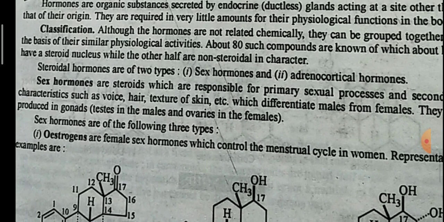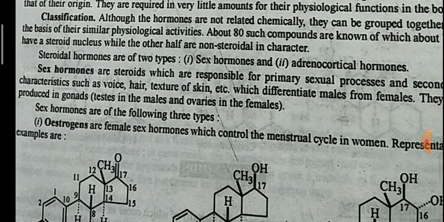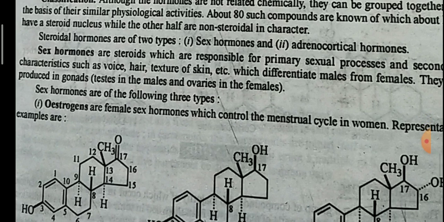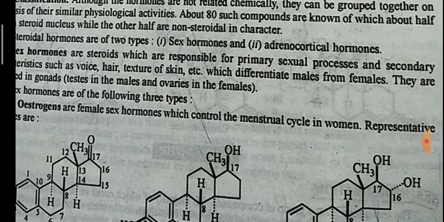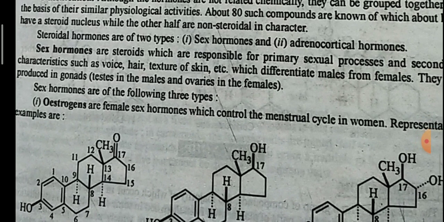Steroidal hormones are of two types: sex hormones and adrenocortical hormones. Sex hormones are steroids which are responsible for primary sexual processes and secondary characteristics such as voice, hair, texture of skin, etc., which differentiate males from females. They are produced in gonads, testes in the males and ovaries in the females.